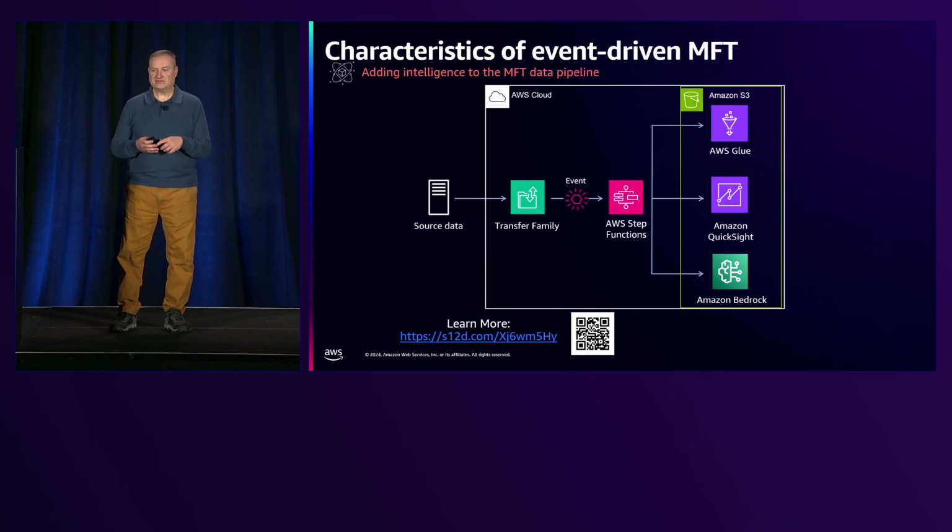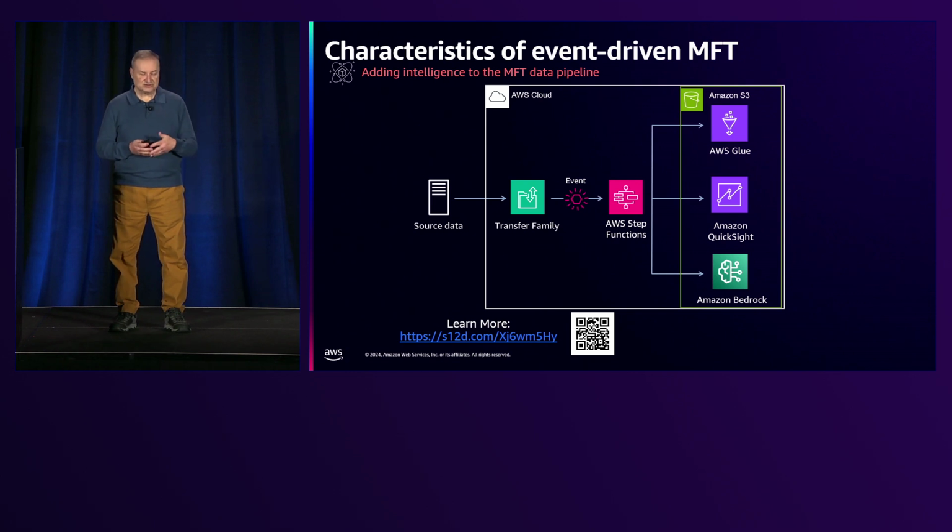And as soon as the file is ingested through Transfer Family, we fire an event. And we can target, for example, an AWS Step Functions state machine to orchestrate all the steps to ingest the data, store it in the right location, and make it available for services to consume that data after we did the processing that we need to do.